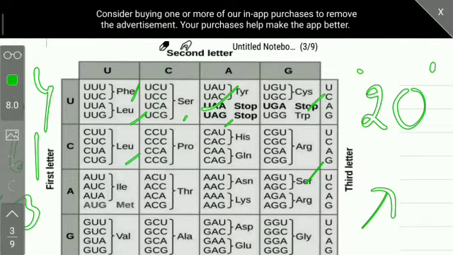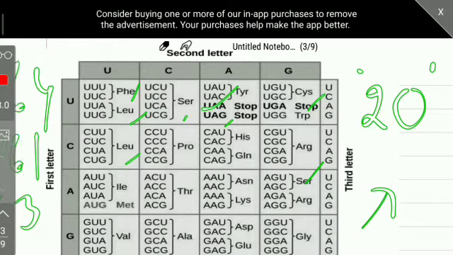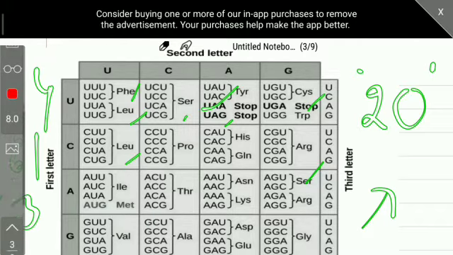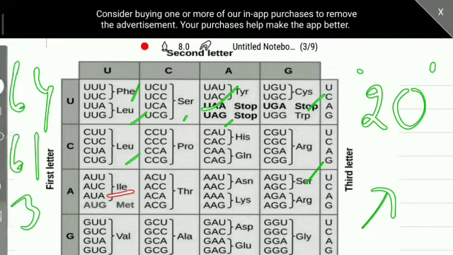Here it is indicated separately. AUG is known as methionine.